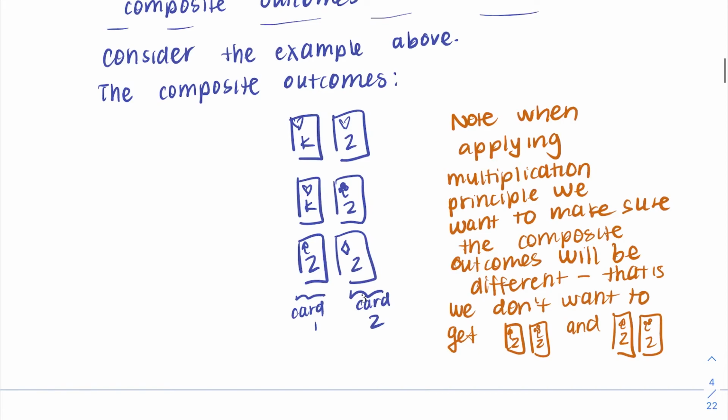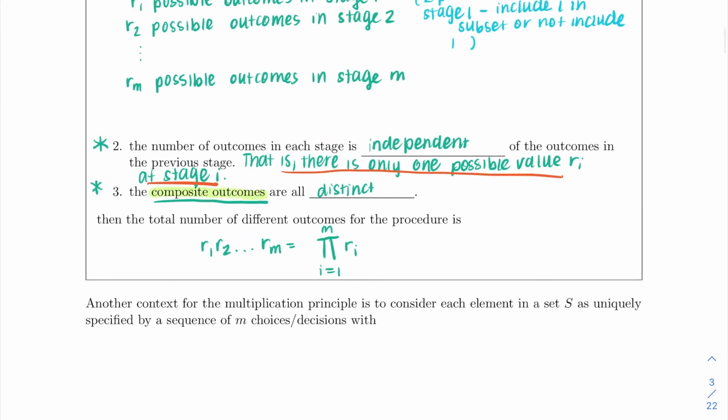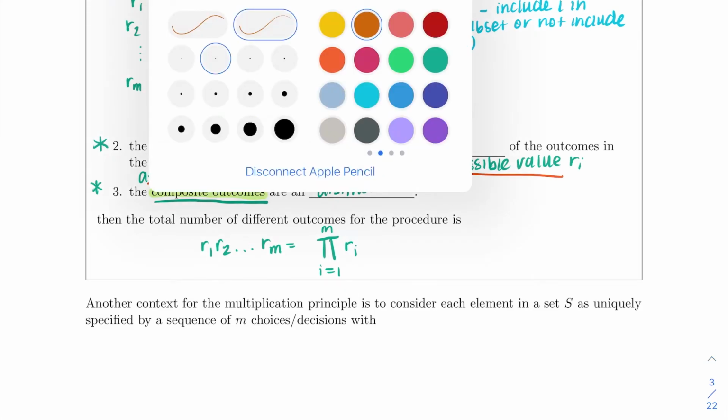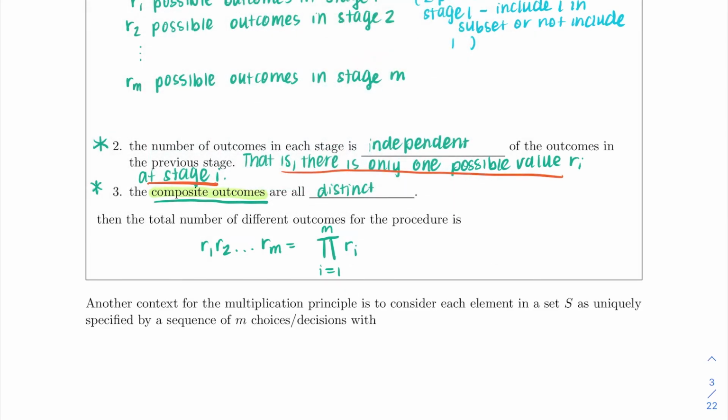So that's another important thing for us when we do composite outcomes. We need to make sure they're distinct whenever we have composite outcomes. They come out different. Okay, one more context before we're done with multiplication principle, the basics.